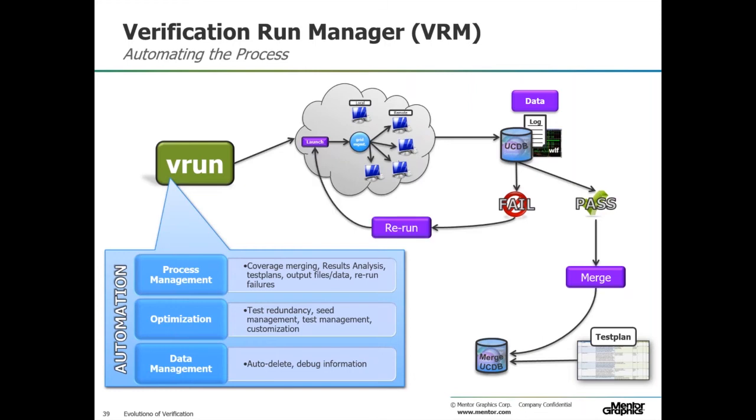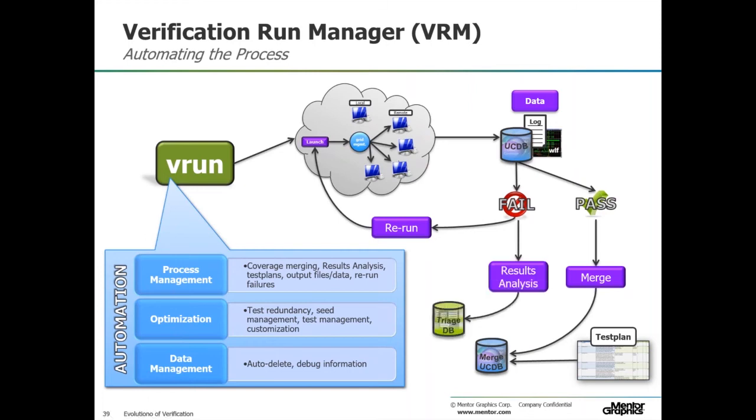If it fails, it might say, you know what, this test failed. I was running this in a regression mode. Let's relaunch this test, but let's run it with all the debug flags so that this time I generate a full WLF database so I can debug what happened with that test.